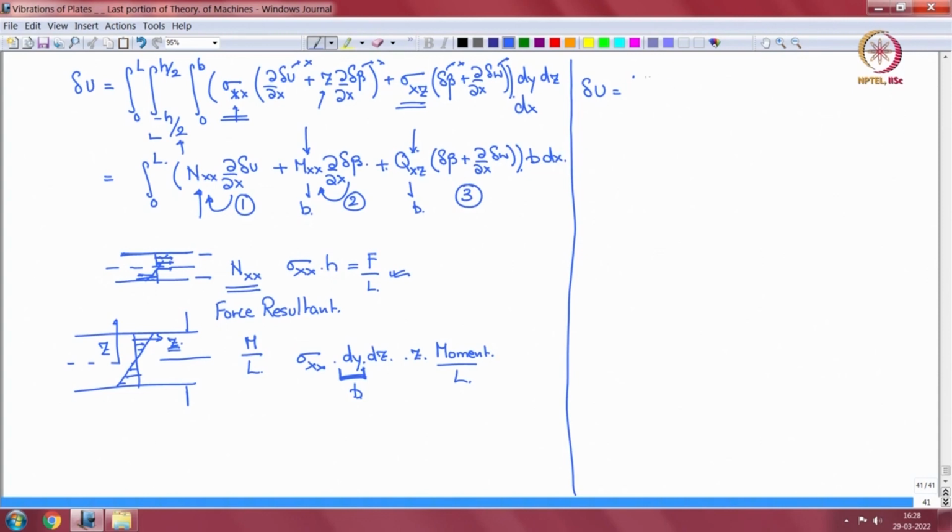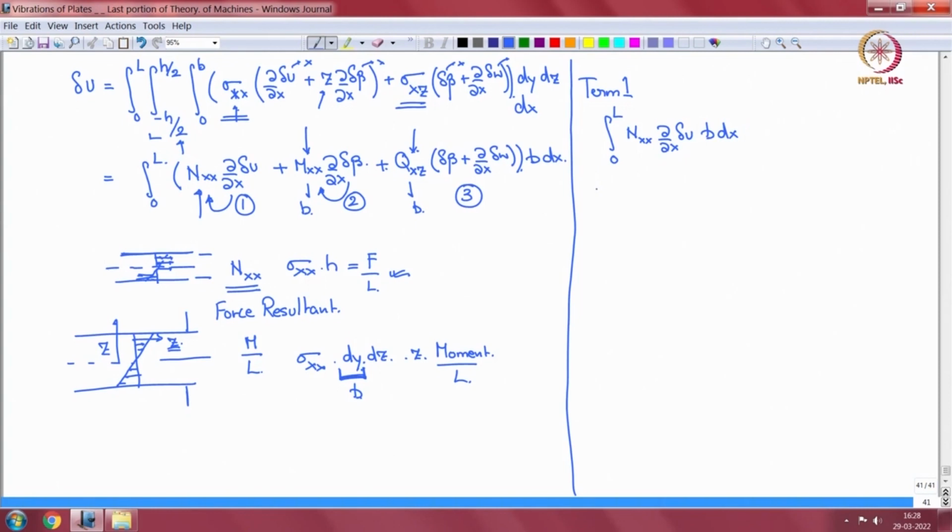So we will do term 1. We have integral 0 to L nxx del x delta u b dx.